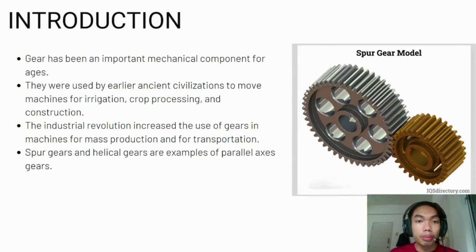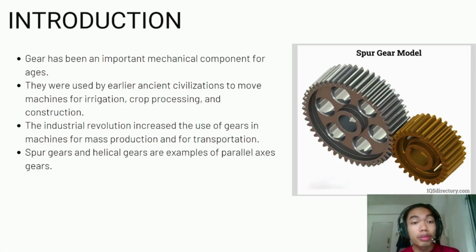Gear has been an important mechanical component for ages, like we all know, and they were used by earlier ancient civilizations to move machines, for example, for doing irrigation, crop processing, and construction.